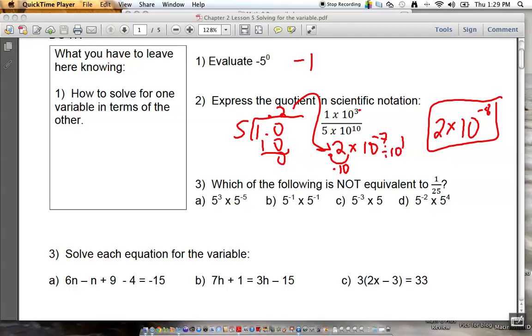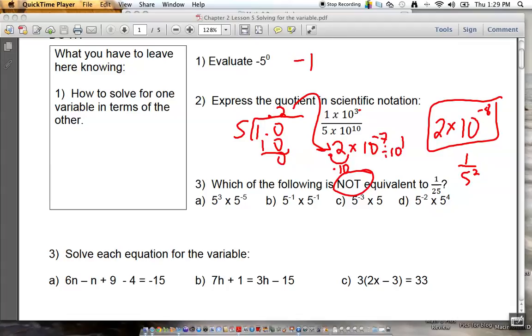Which of the following is not, key word there, not equivalent to 1 over 25? Now, as I look at these choices, you'll notice that all of the choices have something about a negative exponent in there. Negative exponent means reciprocal. It means 1 over. So, when I look at this, I see 1 over 25, and I notice that that's 1 over 5 squared. Does that make sense? 25 is 5 squared.